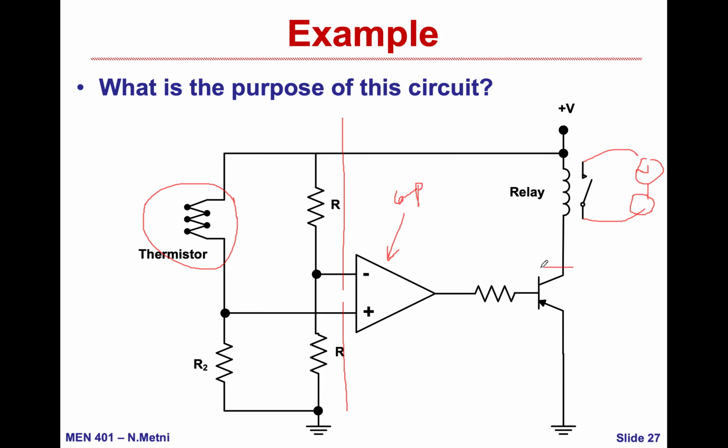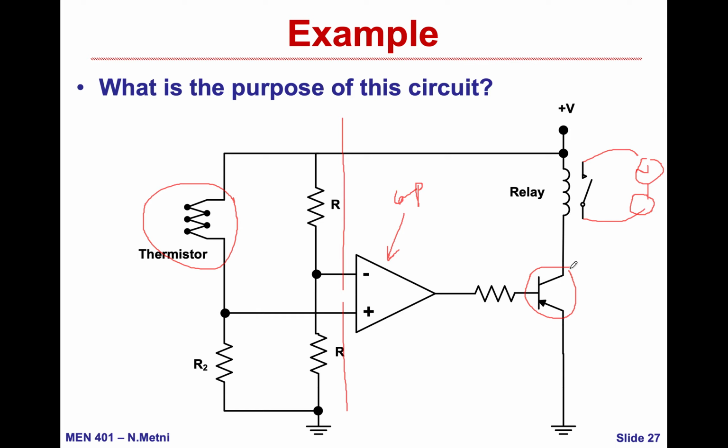This transistor is either on or off. If it is on, there is current passing, the relay is energized, the switch is closed, and the other circuit will turn on. If this transistor is off, there is no current passing through the collector-emitter, the relay is not energized, and this switch is still open, therefore the other circuit will not work.